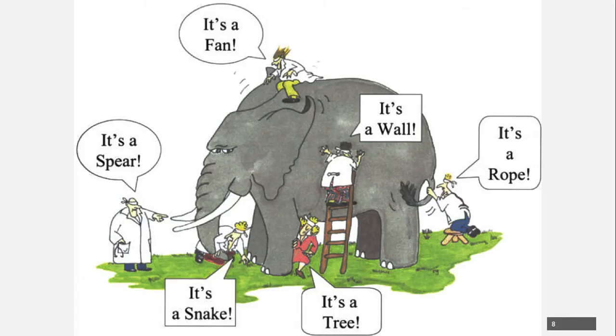Here's another example of where theories can go wrong. So we have all these blind people feeling an elephant, and they come up with different theories. One thinks it's a spear, another thinks it's a fan, a wall, a rope, a tree, a snake. They all kind of get close to what they're describing, at least in terms of the particular part of the elephant that they're describing, but none of them grasped that it was an elephant.